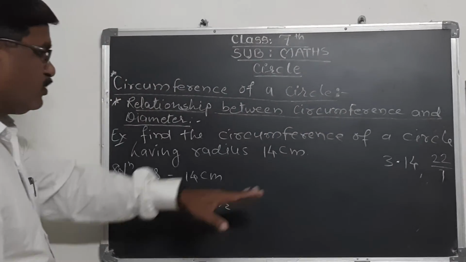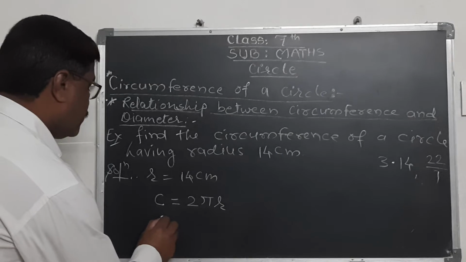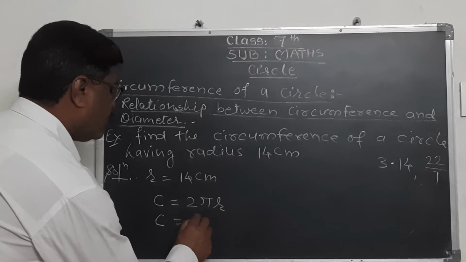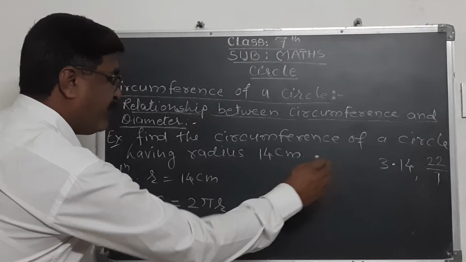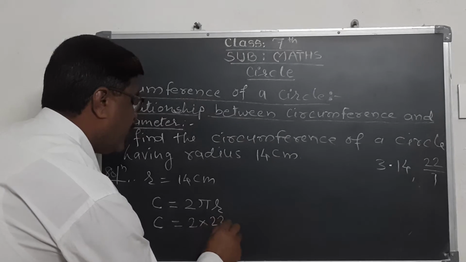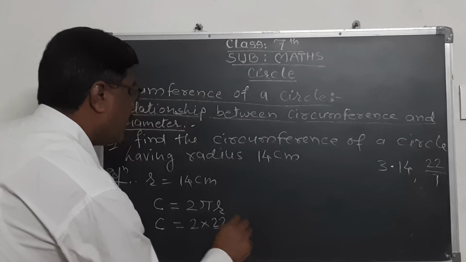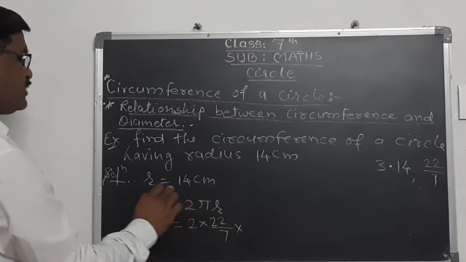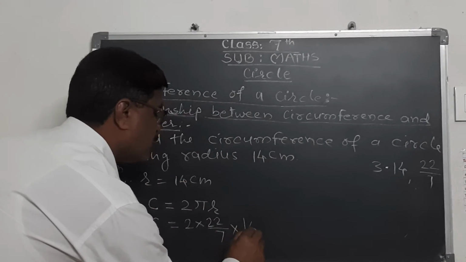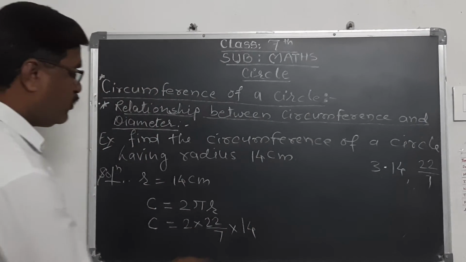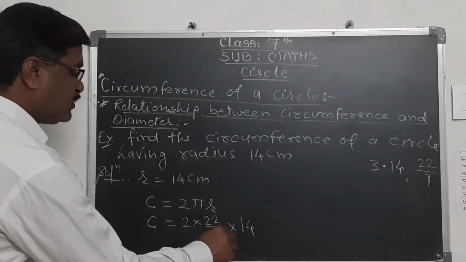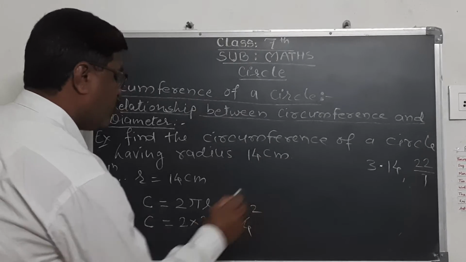So C is equal to 2 multiplied by 22 by 7 multiplied by r, and the radius is given as 14 centimeter. Now calculate here. 7 ones are 7, 7 twos are 14.